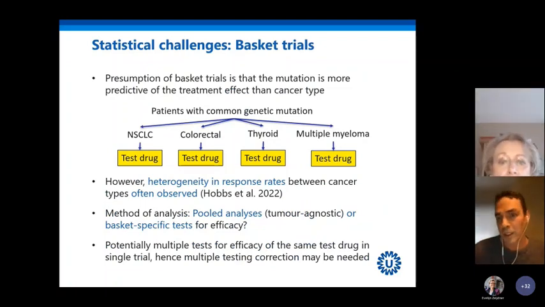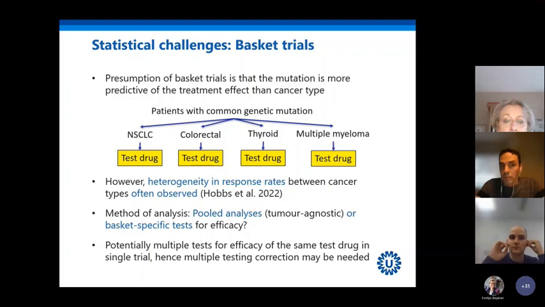So the basket trials are generally more challenging in terms of analysis. They typically lean on the assumption that it's the mutation that is predictive of the treatment effect, and that it's more important than the cancer type itself. But often we do see heterogeneity in response rates between the cancer types.